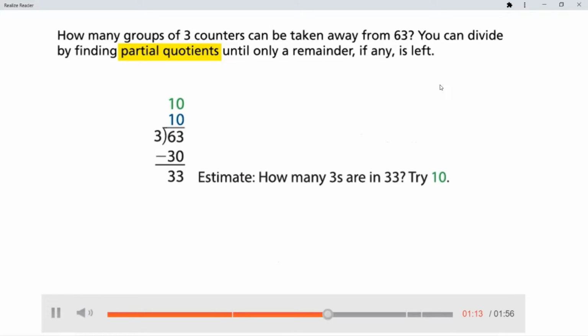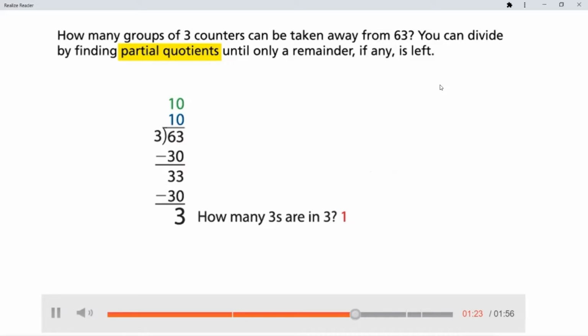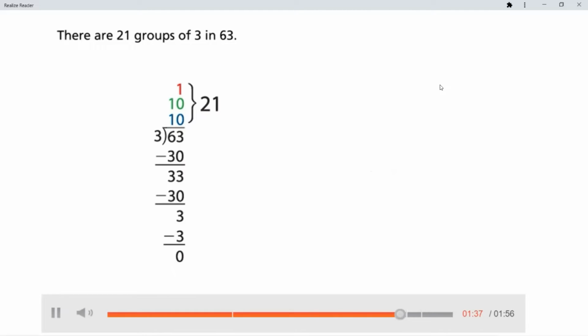Try 10. 10 groups of 3 is 30. 33 minus 30 equals 3. How many 3s are in 3? 1. 1 group of 3 is 3. 3 minus 3 equals 0. 10, 10, and 1 are partial quotients. There are 21 groups of 3 in 63.